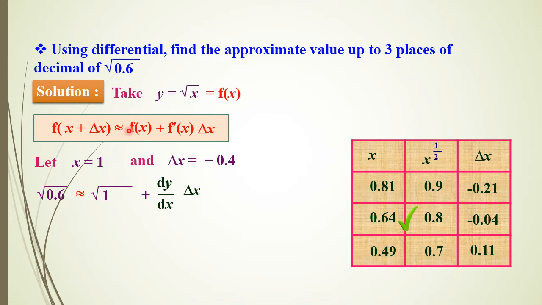Next, here f of x, in the sense y, is root x, and x value is 1, so we have written root 1 plus f dash of x, which means differentiation, delta y divided by delta x. Then this delta x is written here as it is.